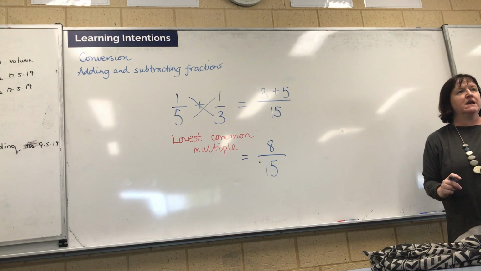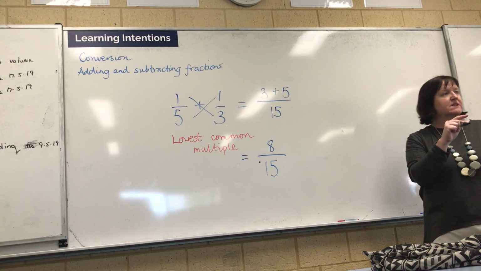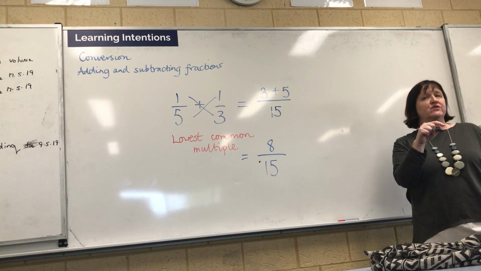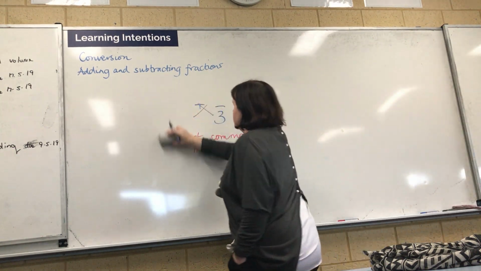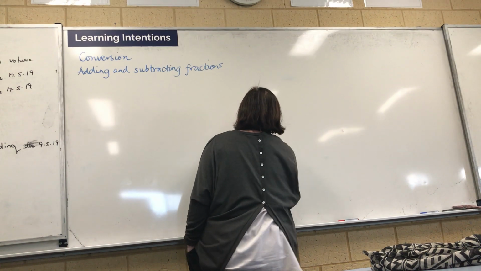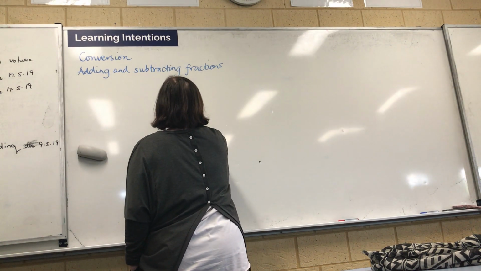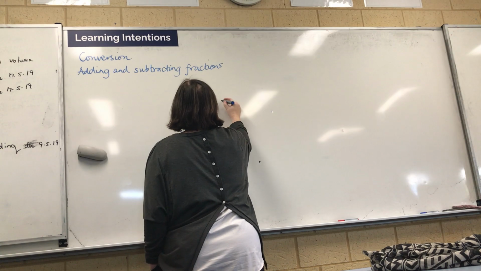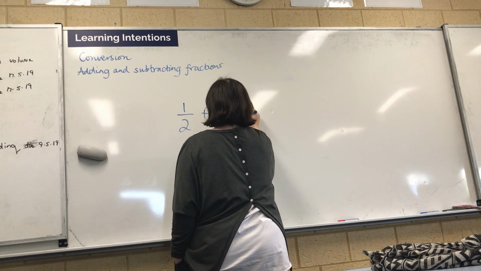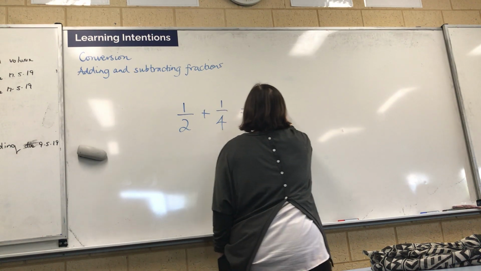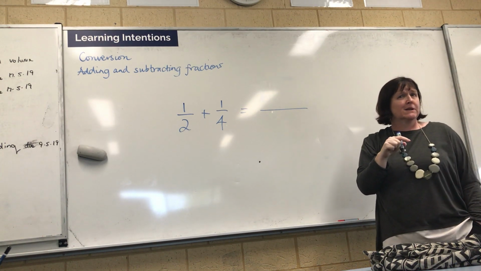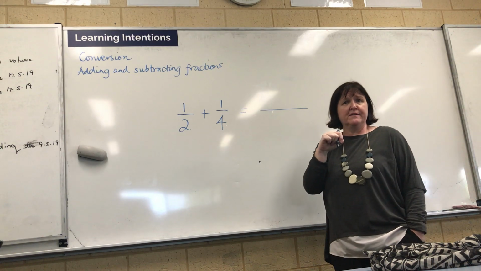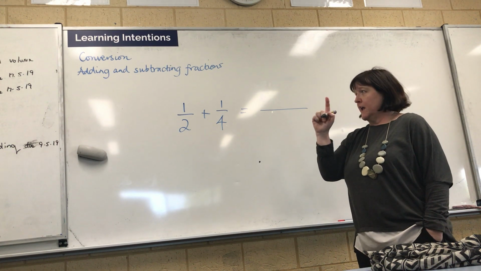Okay, you all with me? Okay, good. Let me just show you an example then of when you can't cross-multiply, and you'll see why it works. So, for instance, if we've got something like a half add a quarter. Now, if we were to do that the same way as we've just done, it would be like this.